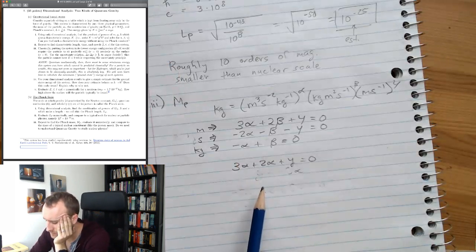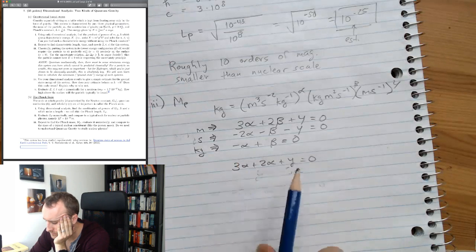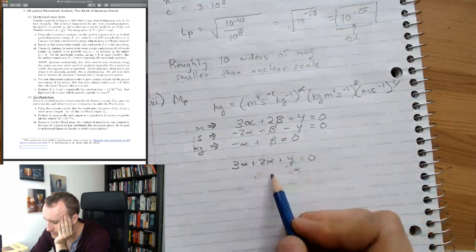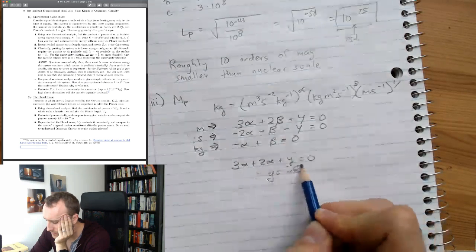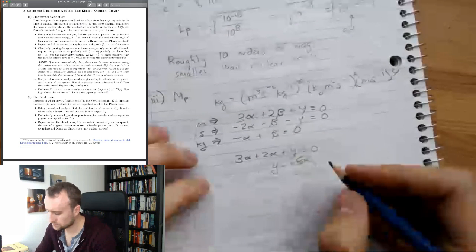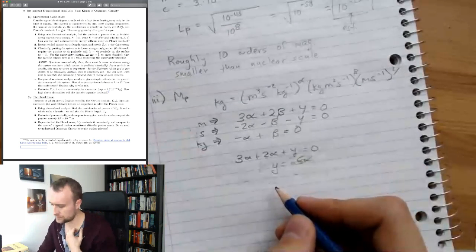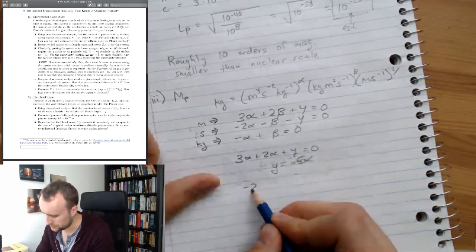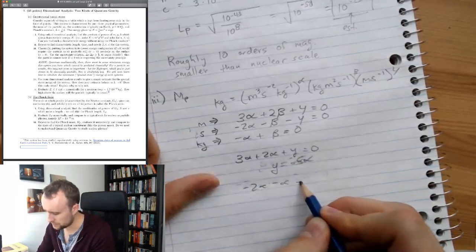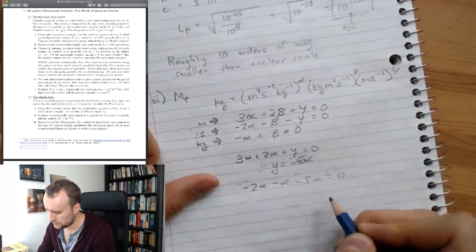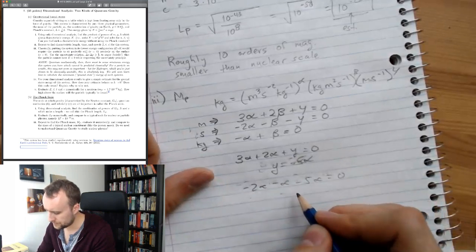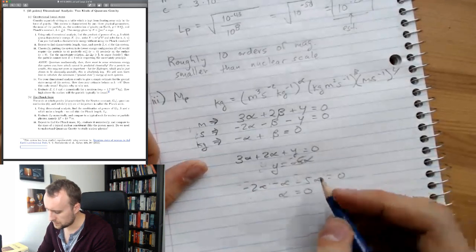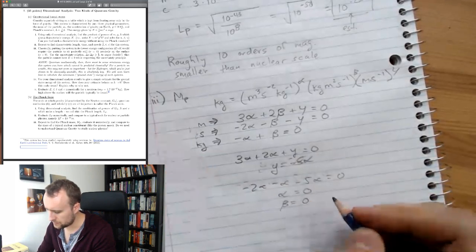Alpha equals beta. This is 5 alpha, minus 5 alpha. Oh, minus 2 alpha, minus alpha. So alpha is equal to 0. Beta is equal to 0.